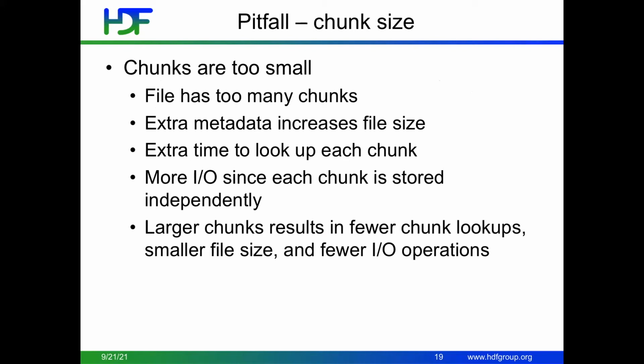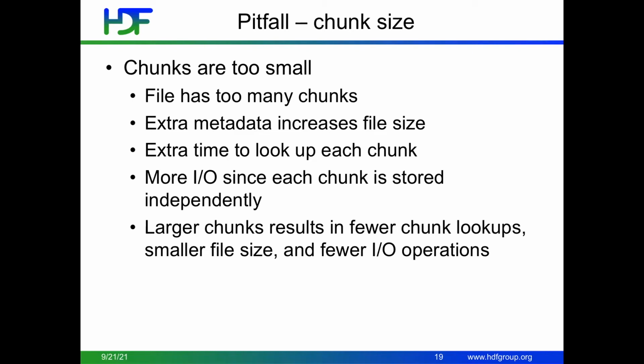But how do you choose the right chunk size? Unfortunately, there is no good algorithm. You really have to experiment, because if chunks are too small, you will end up with a file that has many chunks, which means a lot of extra metadata. There will be extra time to do a lookup for each chunk when you do I/O, and more I/O, since I/O is done on each chunk independently.